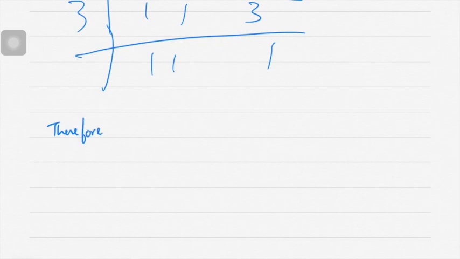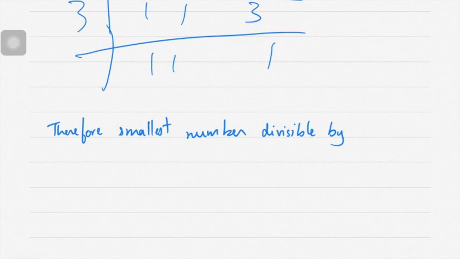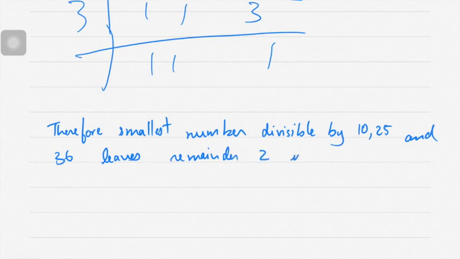Therefore, the smallest number divisible by 10, 25 and 36 leaves remainder 2 is 902.